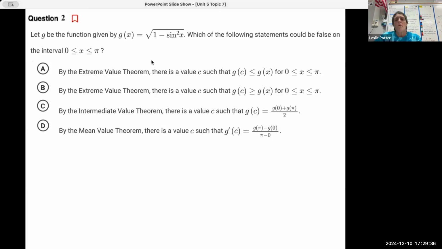The first thing is they don't mention anything about continuity or differentiability, but we have a function. And so we should be able to know if this is continuous over the closed interval, and if it's differentiable over the open interval. Just looking at it, we know that we could differentiate that, so we know that it's differentiable.